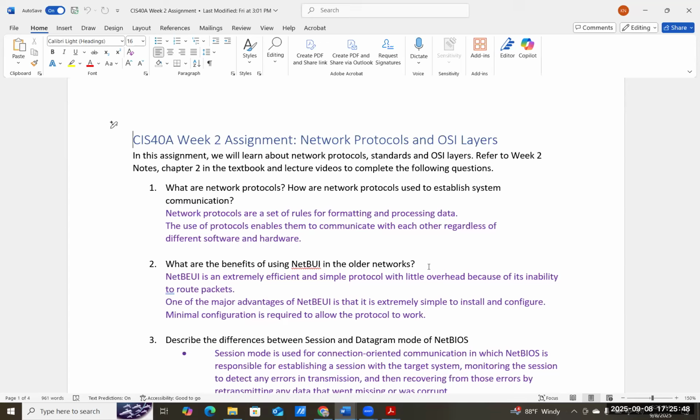The advantage of using NetBEUI is that it is easy to configure for the systems that you want to network, and it doesn't require a lot of configuration for the communication.